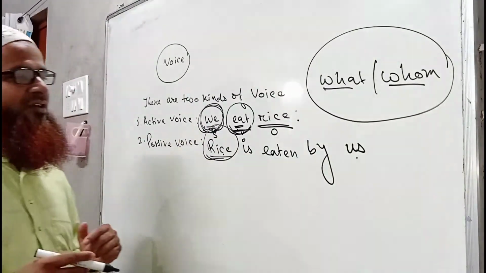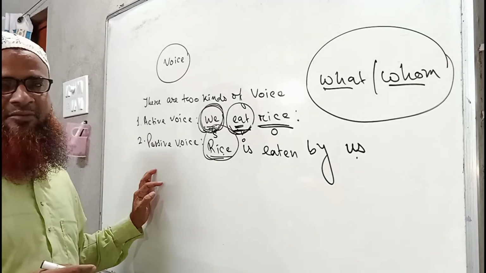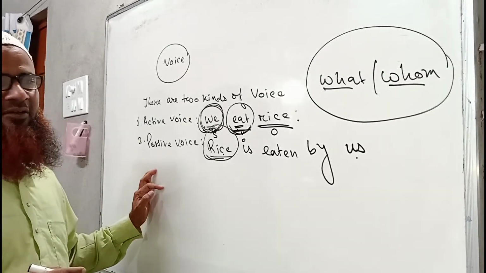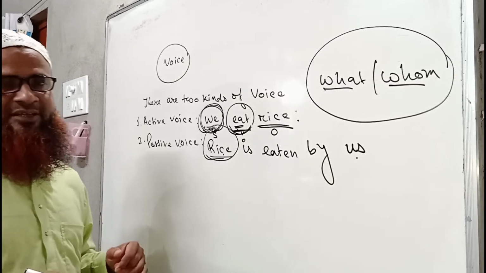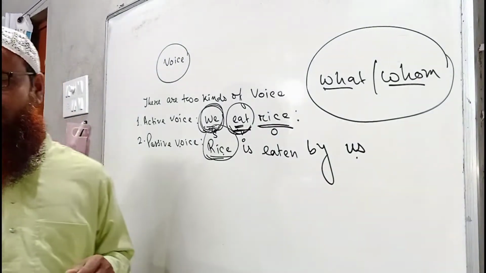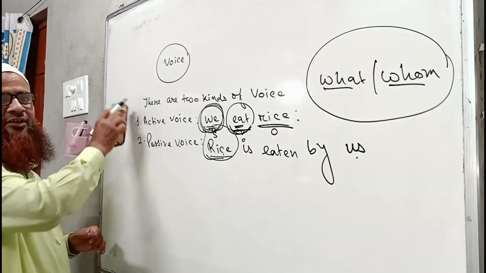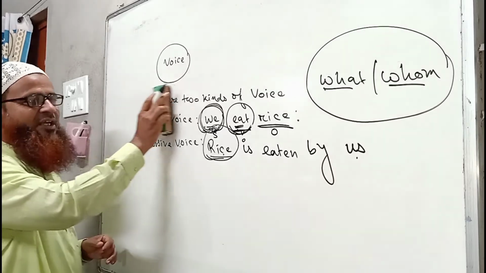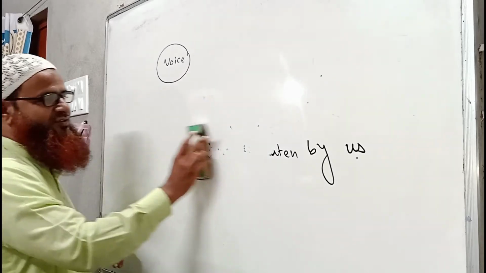So I hope you have already understood the rules of passive voice. But if we write the rules, it will be easier for us to understand. You will get it easily understood if we write the rules of active voice and passive voice.